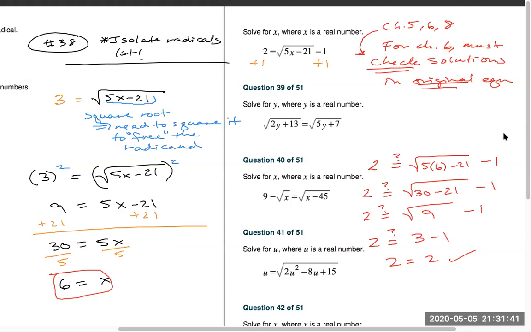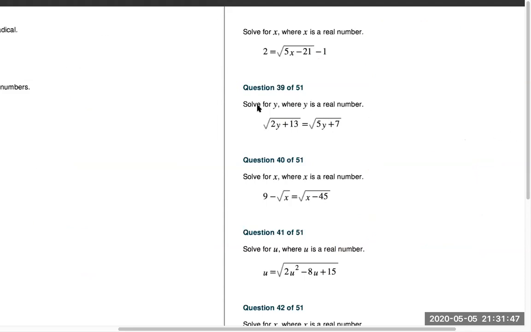Okay. Now, let me clear this out. Quick side examples. It's just to show when we would get a no solution out of this.